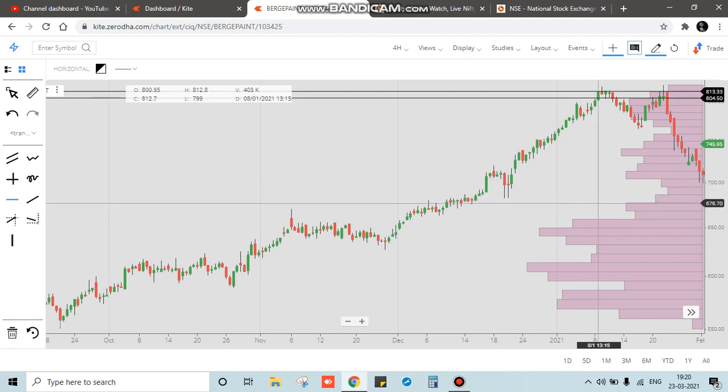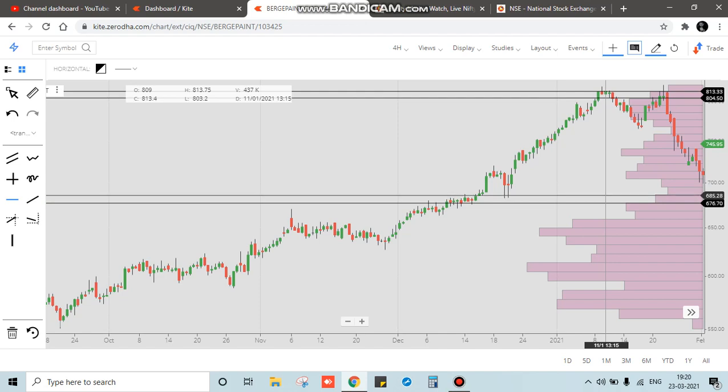It's very close by, so I would rather mark this place since I find a big spike and it's getting rejected here, and I see a volume drop over here.